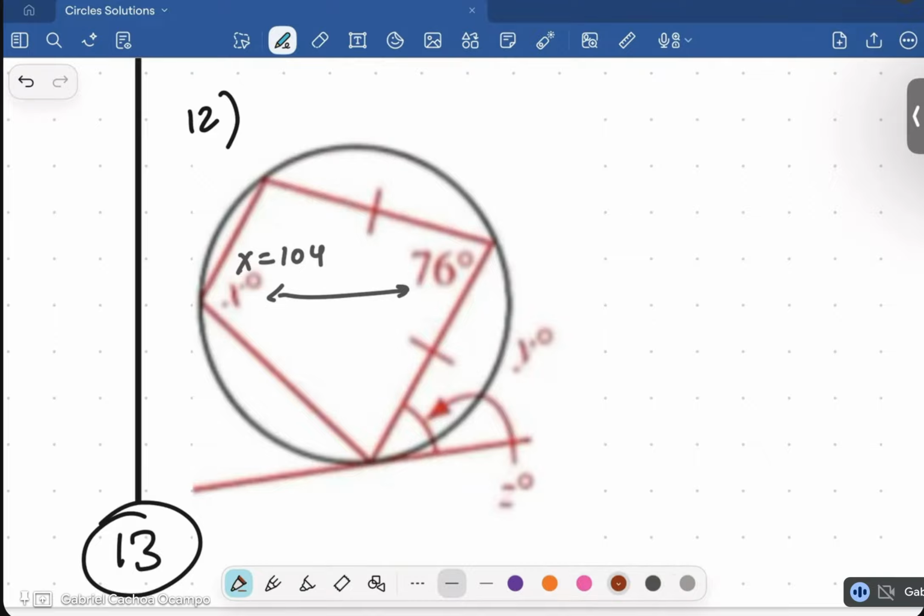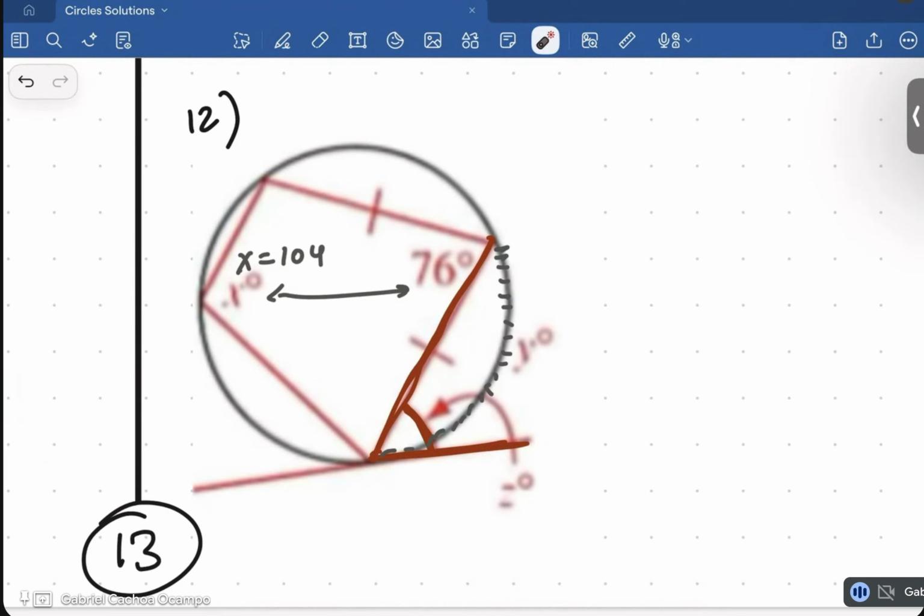Now we know that this angle, angle C, let me draw it, angle Z is gonna be half of arc Y. Now, how do we find arc Y? Well, if you're very careful, you can see that this and this measure the same.